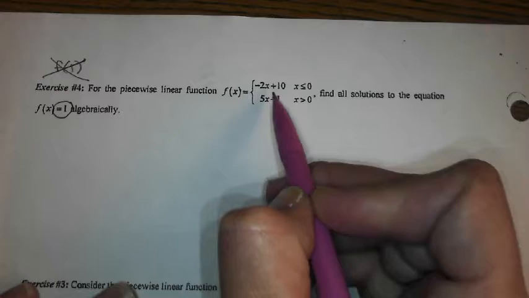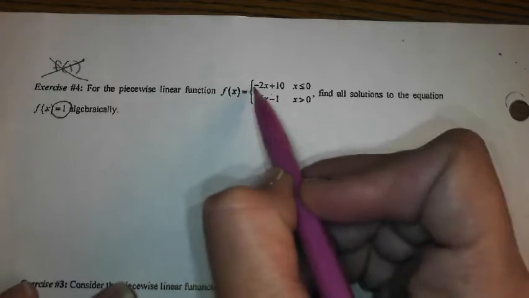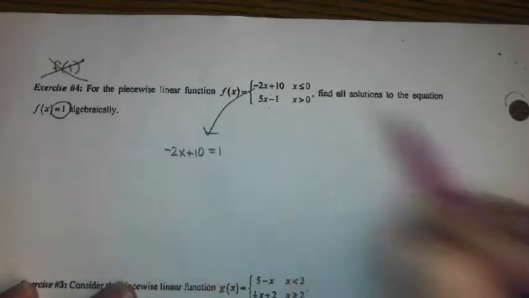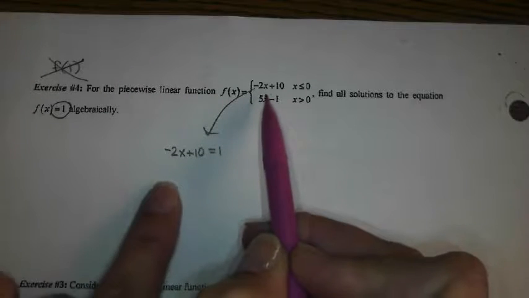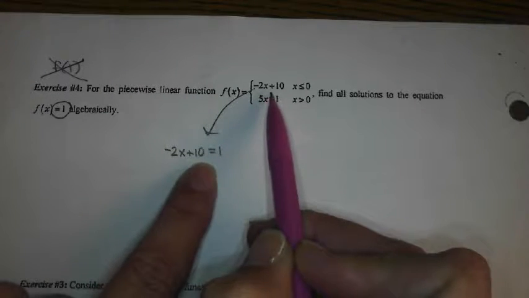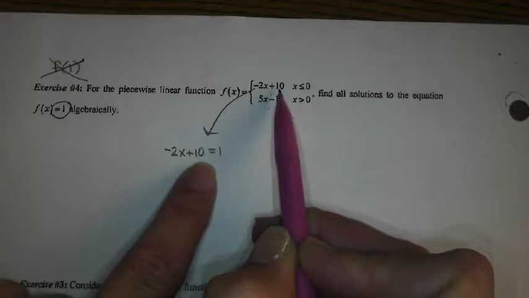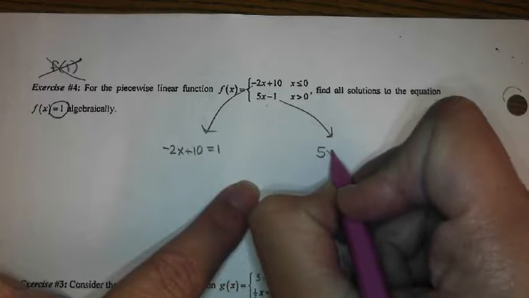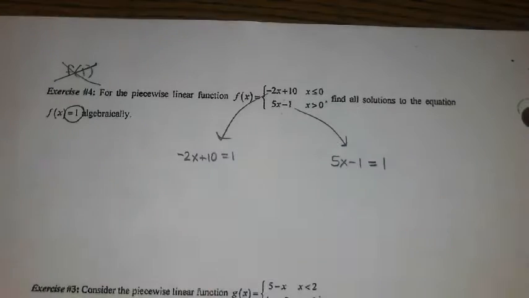So because we have two pieces, I'm going to kind of have to work on this twice. On the one hand, I'm looking for where -2x plus 10 equals 1. On the other hand, I'm looking for where 5x minus 1 might equal 1.